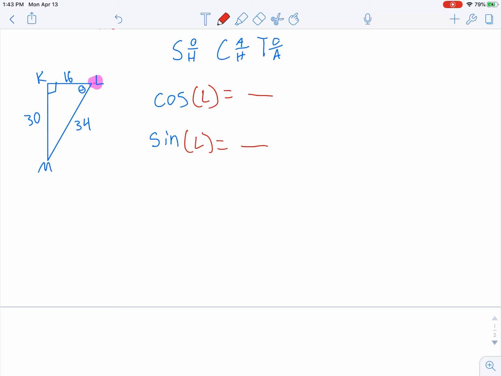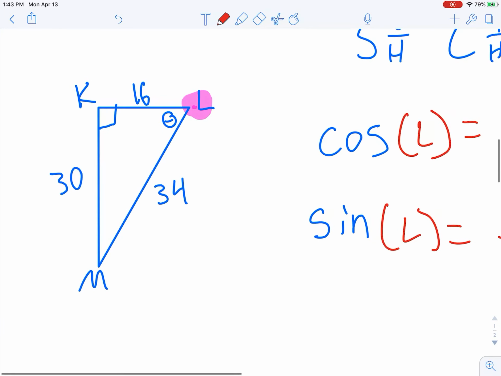Okay, well, before I can actually answer that, I got to label that triangle. Okay, so I'm going to zoom in on this triangle and we're going to label it really quick. Okay, first thing I label is my hypotenuse. So I look for my right angle, boom, found it right here. I'm going to draw a line going to the side across from my right angle, and I land on the 34. I'm going to label that HYP.